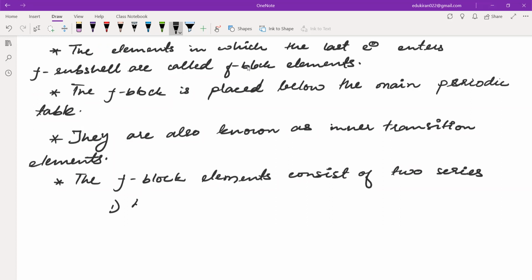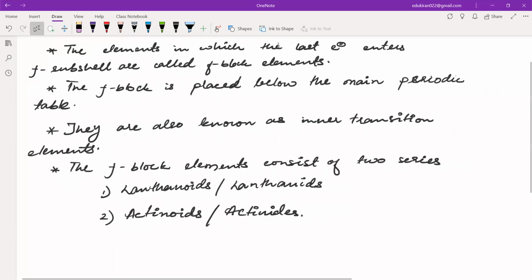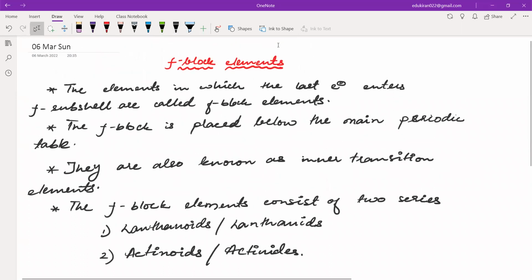One is named lanthanides, whatever you call them. And secondly, we have actinides. So this is the general introduction about the F block elements. Please write it down. Let me know if you're done.